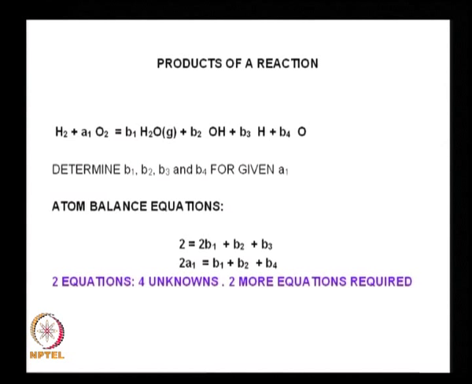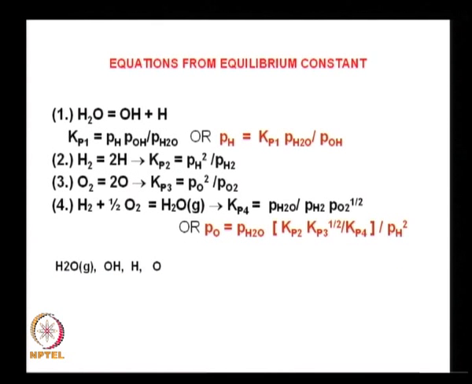A1 is known; for a mixture ratio of 5, A1 is 5 by 16, and now I need to know the values of B1, B2, B3, B4. I have 4 unknowns, but only 2 equations, and therefore I need 2 more equations, and to get the next 2 equations I use the values of the equilibrium constants. And how do I use it?